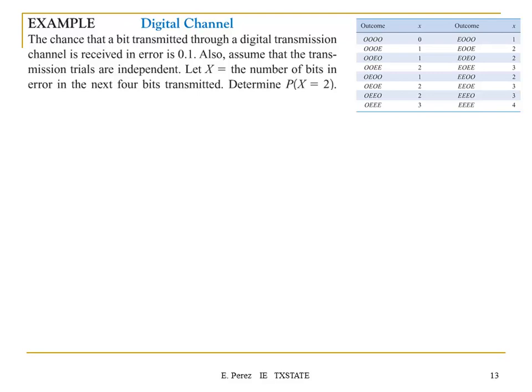So let's look at this example. The chance that a bit transmitted through a digital transmission channel is received in error is 0.1, so that probability is 10%. Assume that the transmission trials are independent. Let x be the number of bits in error in the next 4 bits transmitted.